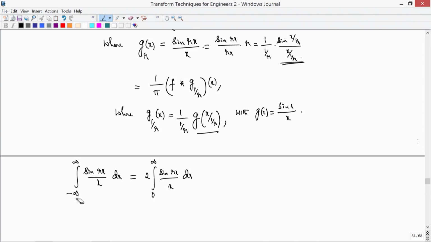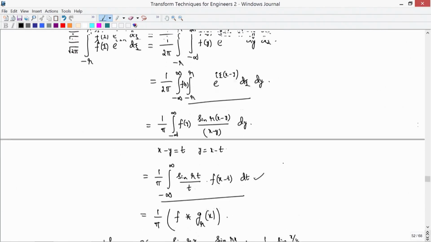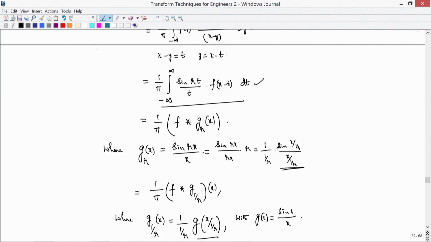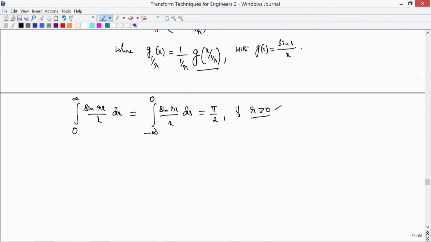So, that means to say both are same. So, 0 to infinity, this is same as minus infinity to 0, okay, whose value is actually equal to pi by 2 if r is positive, right, which is the case. R is anyway positive. So, r I choose minus r to r, so r is always positive. So, because r is positive, this quantity is pi by 2. So, we note that these two integrals we may use eventually. Okay.